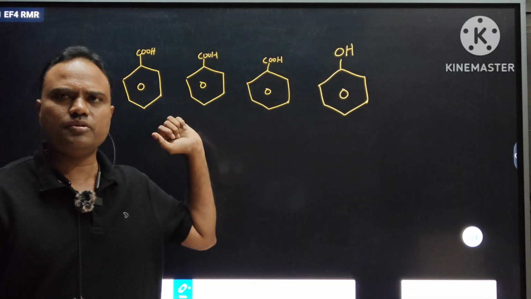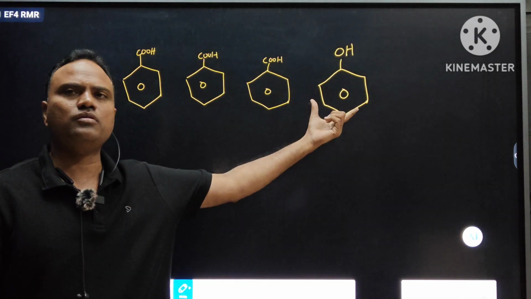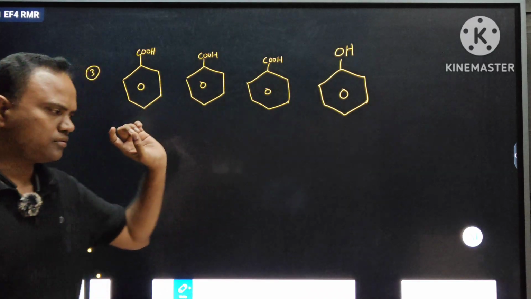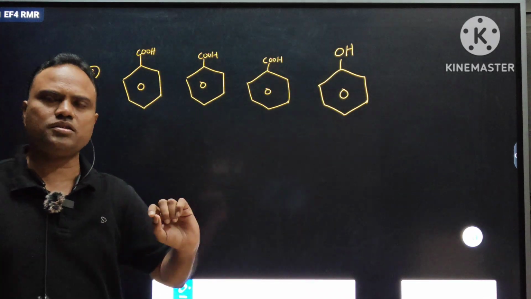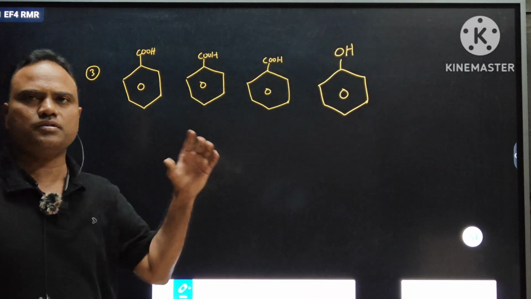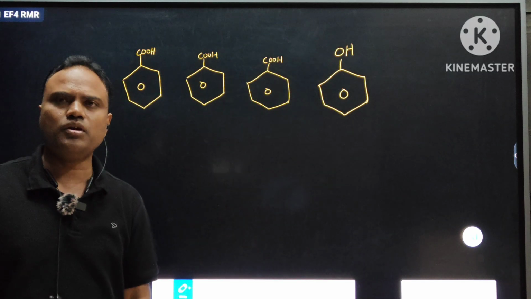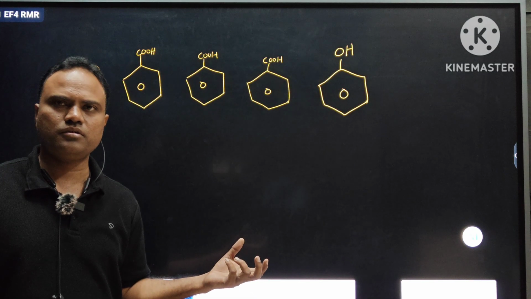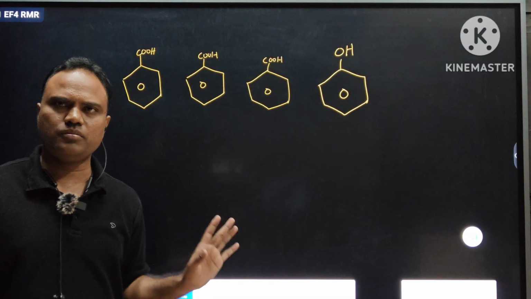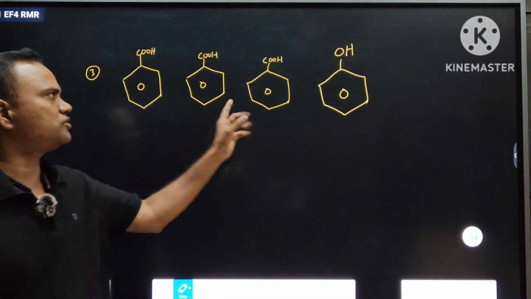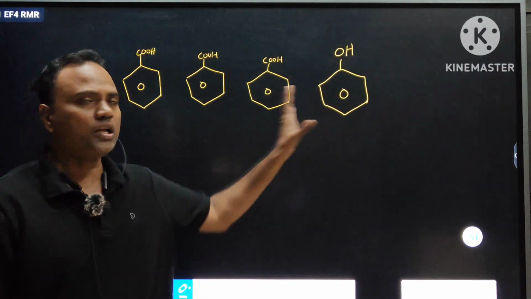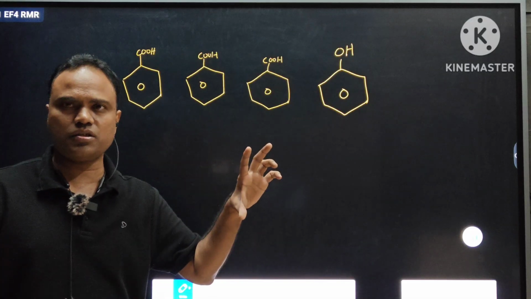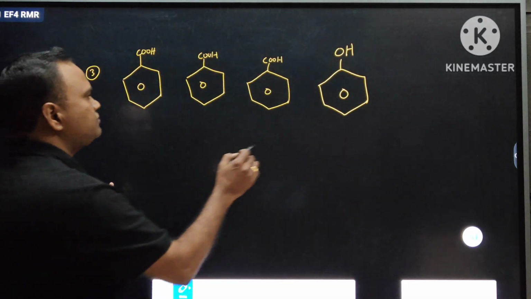Benzoic acid, benzoic acid, benzoic acid. This is phenol. Let us see the overall acidic nature. In the overall acidic nature, which will be more acidic, in that order? What did I give in the last case? Benzoic acid only, no? No doubt, benzoic acid only. So benzoic acid will be more acidic than phenol. That is based on the overall acidic nature. Now observe.